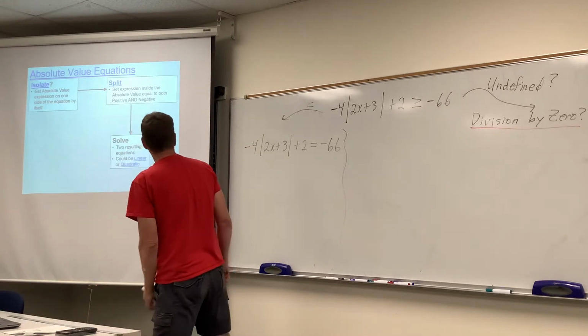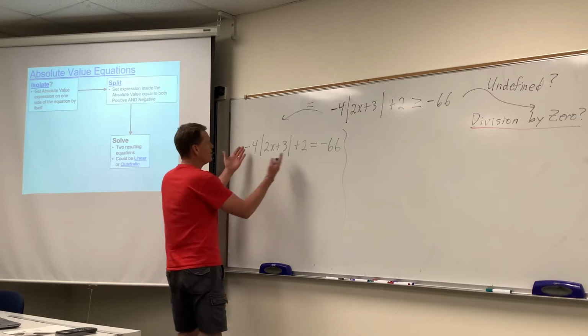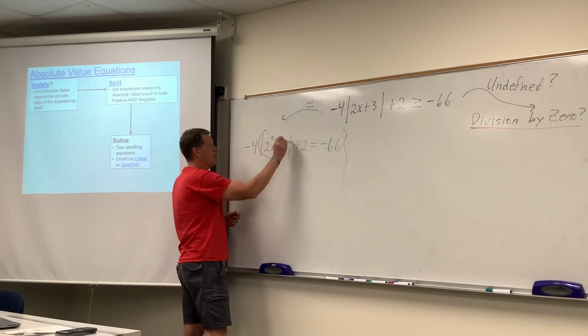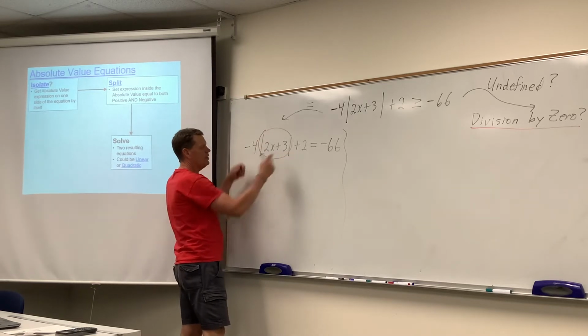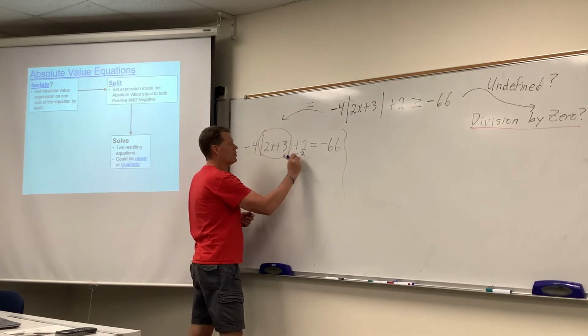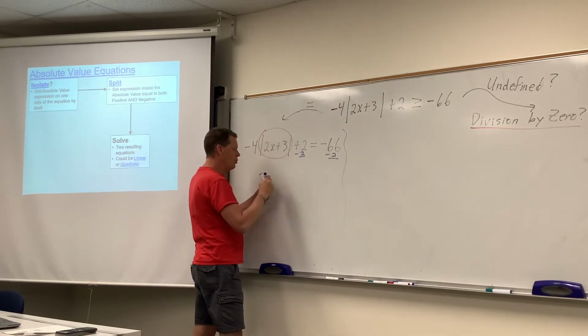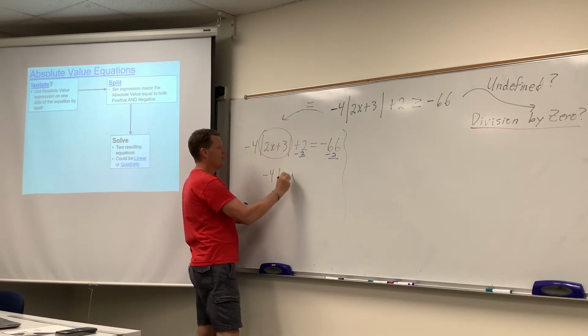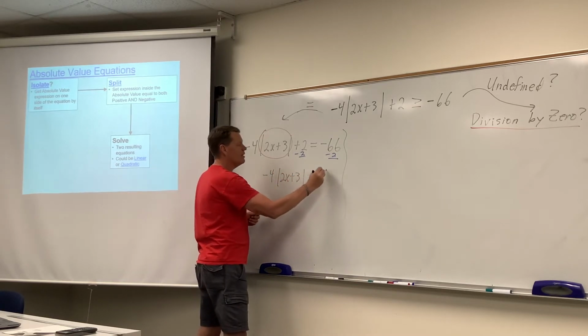And so what we did, you recall, is we isolate the absolute value, whereby we would look at that absolute value expression and do whatever it takes to get rid of these things that surround it. And I hope you would agree that the first thing would be to subtract over the 2. All right, so we've got -4 times the absolute value equals -68.